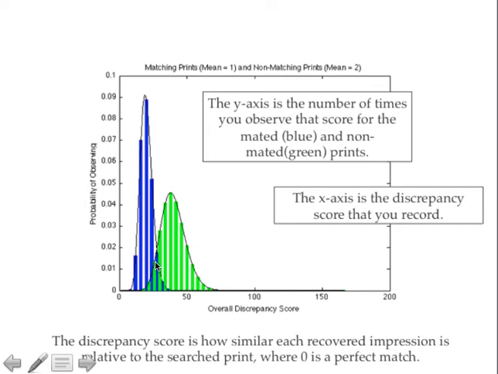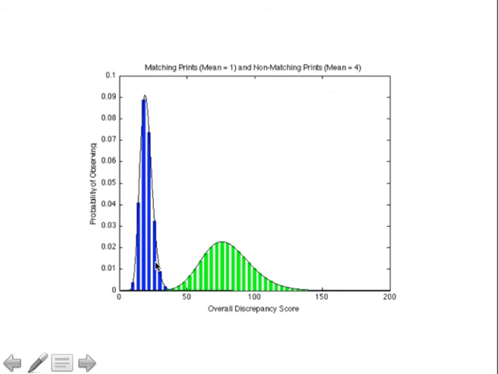Now, we're just simulating these here, and you can imagine that the amount of overlap that we've shown here is actually a bit misleading. So let's consider a scenario where the overlap is not as great. So here is the overlap you would observe if the AFIS matcher was better. It would understand that mated pairs are very similar to each other. The impressions are very similar if they're generated by the same finger. And if two impressions are generated by different fingers, the matcher is good enough to determine that those should have higher discrepancy scores, meaning there's less similarity.